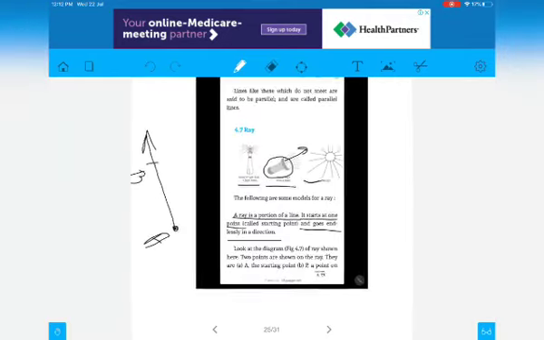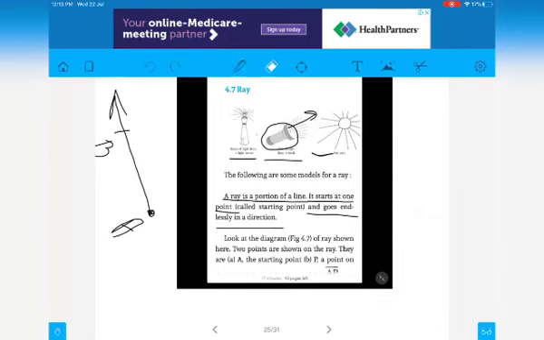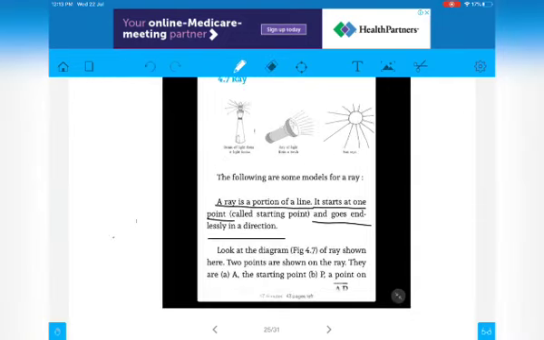What is a ray? We will study it over here. A ray is a portion of a line. It starts at one point called the starting point and goes endlessly in one direction. For example, you can see a torch, sunlight, light from the lighthouse.